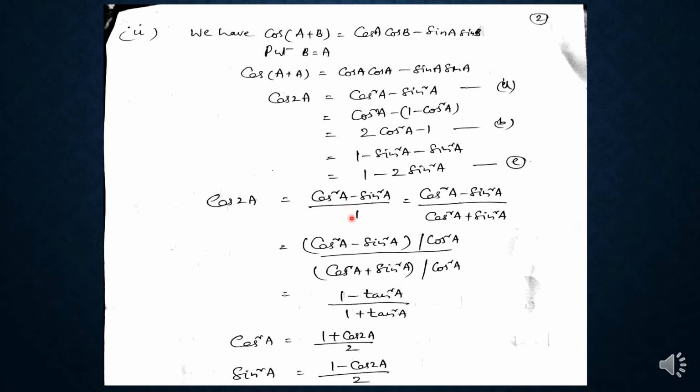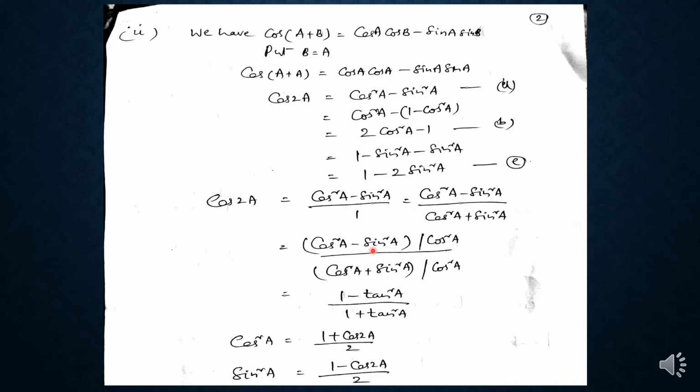Here 1 can be written as cos square A plus sin square A, because 1 is equal to cos square A plus sin square A. Now divide the numerator and denominator by cos square A, so that is cos square A minus sin square A divided by cos square A, by cos square A plus sin square A divided by cos square A.